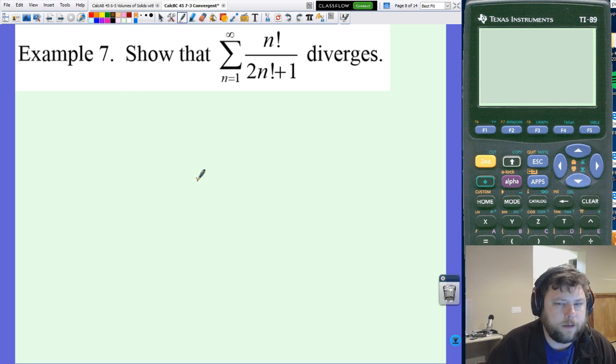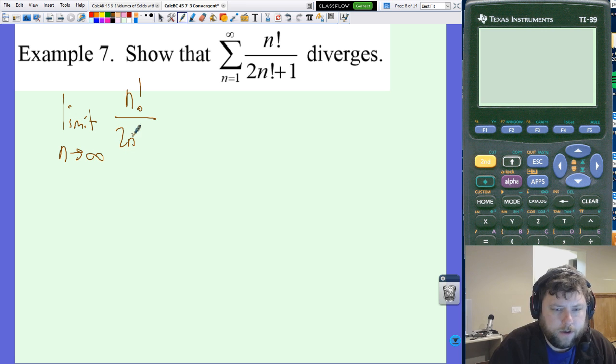So what does that mean? Let's do this example here. I don't really like this example, but whatever. We're going to use the limit test in this case. As n approaches infinity, of n factorial over 2 times n factorial plus 1, that's 2 times n factorial in order of operations. So it's not 2n factorial, it's 2 times n factorial. What's this going to look like as you go to infinity? Well, you'd kind of think L'Hopital's rule, but how do you differentiate a factorial? You can't.